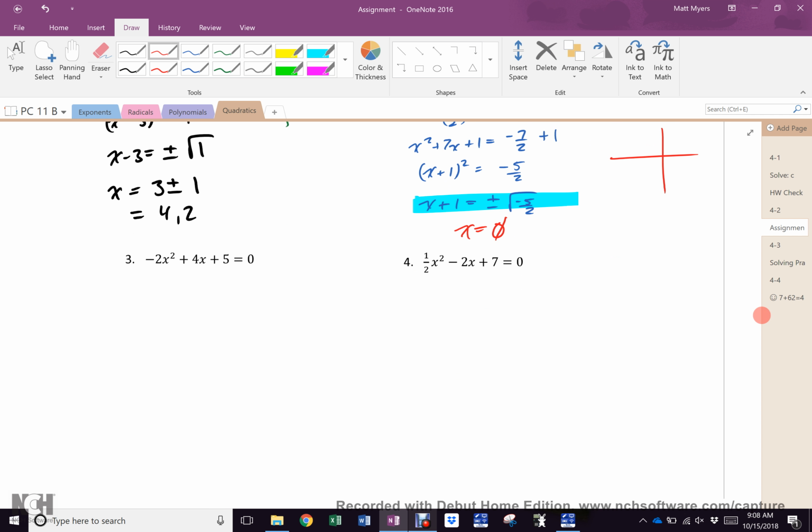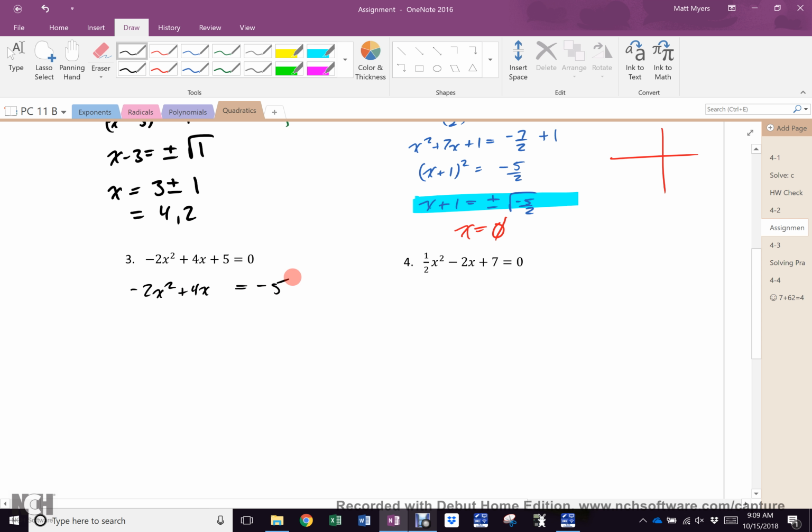What should we do with number 3? Does it factor? Of course not. So it's negative 2x squared plus 4x equals negative 5, right?